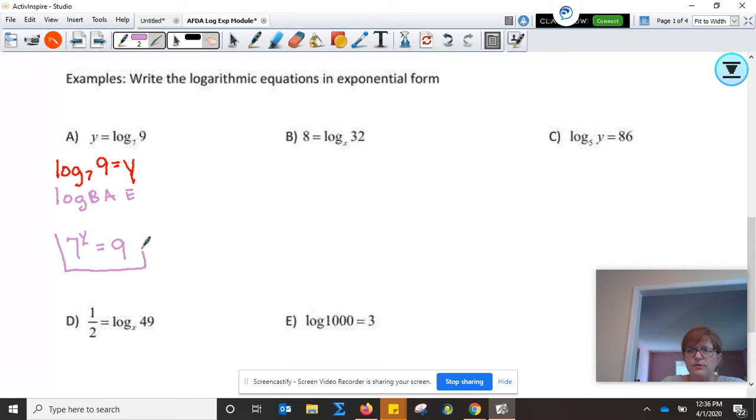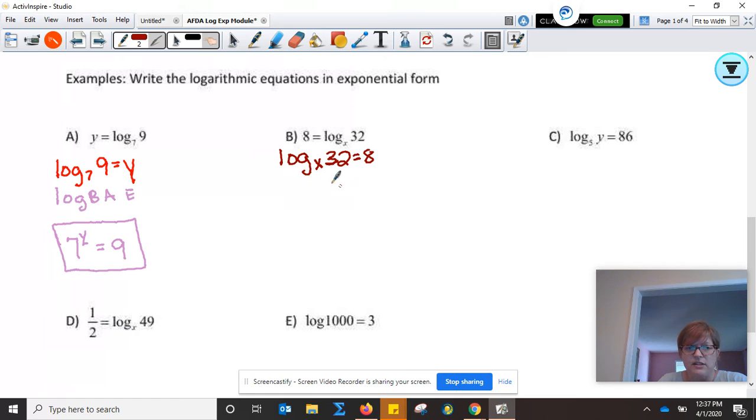As we're doing this, I also want you to pause the video and try some of these on your own. All right, so the second one, let's rewrite it into our log BAE form. I'm going to write that as log base x of 32 equals 8.